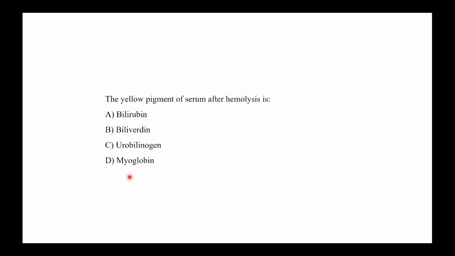The yellow pigment of serum after hemolysis is due to option A bilirubin, option B biliverdin, option C urobilinogen, and option D myoglobin.